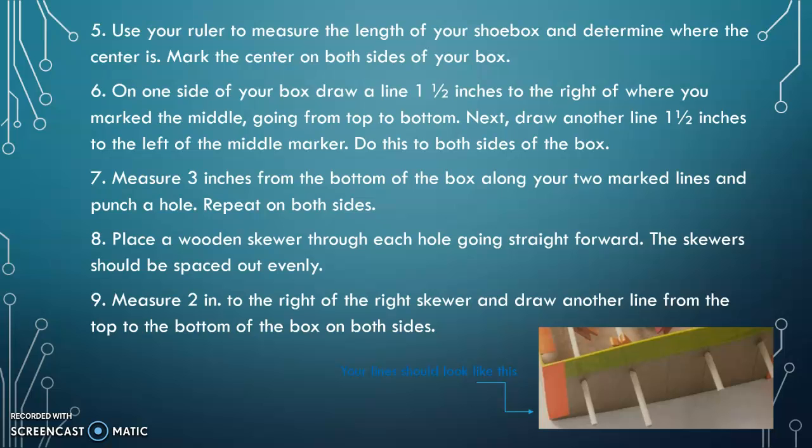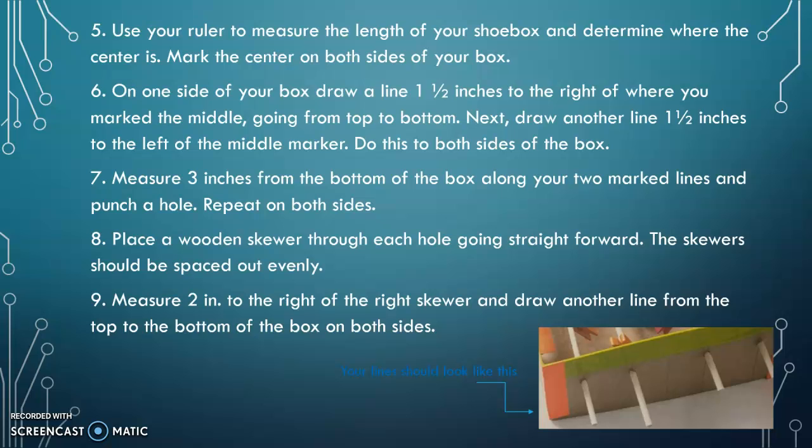Repeat on both sides of your box. At this point, you should have 3 lines drawn and a hole punched on the 2 lines at the end. Place your wooden skewer through each hole going straight forward. The skewers should be spaced out evenly between each other.